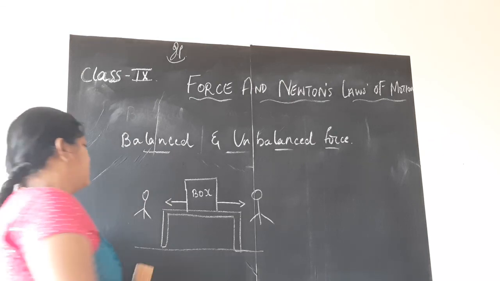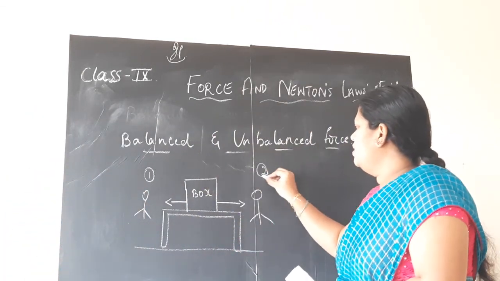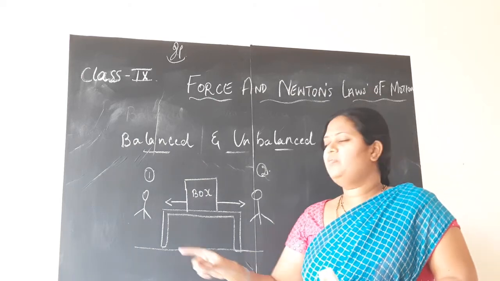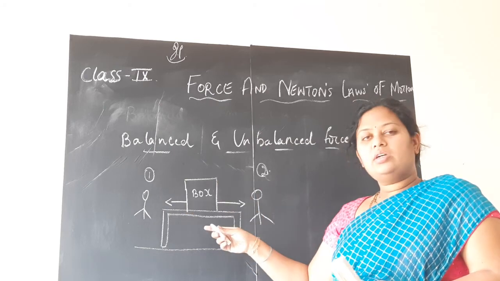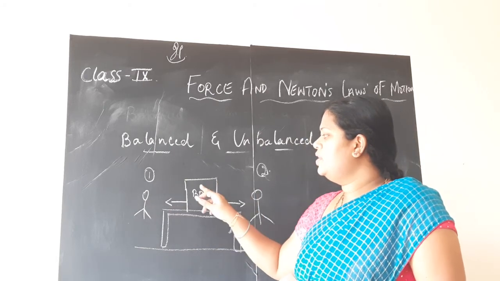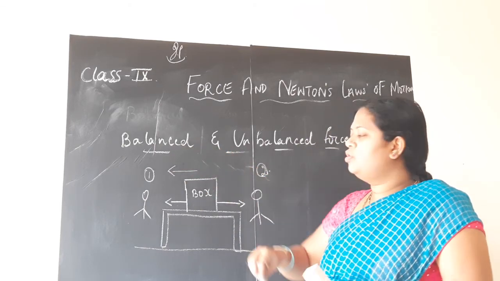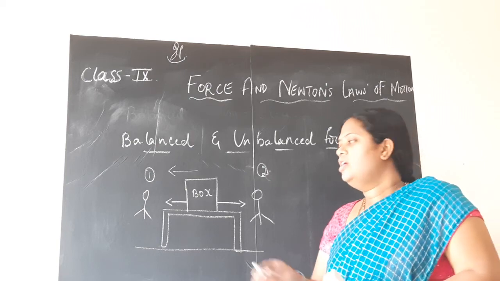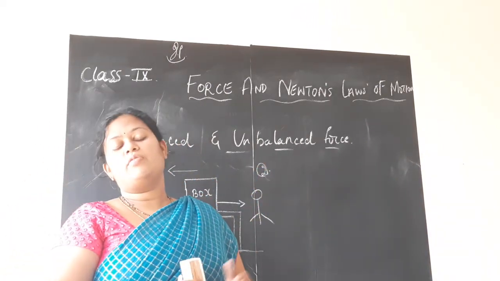Now if we call this person 1 and this person 2, if person 1 pulls the thread towards him, then which side will the box move? Obviously the box will move towards him. In whichever direction you are applying the force, in the same direction the object also moves.